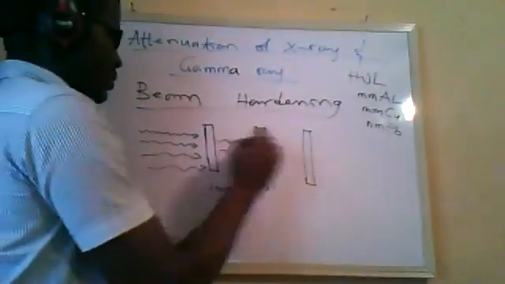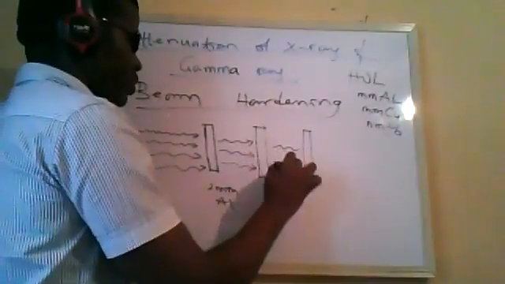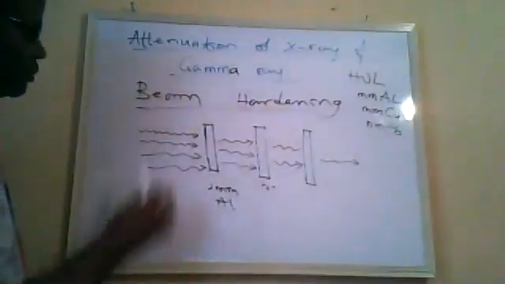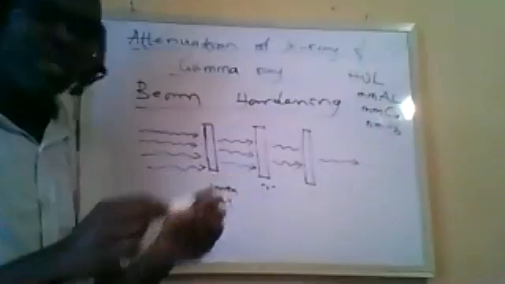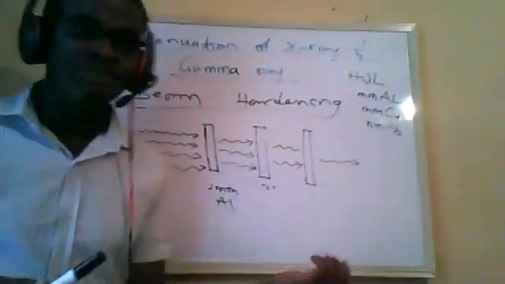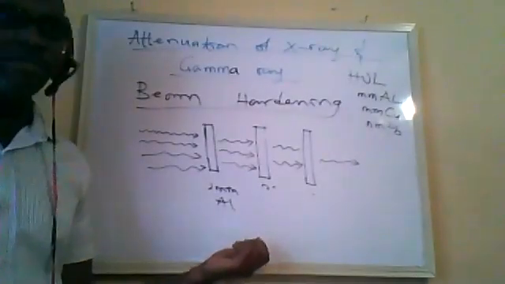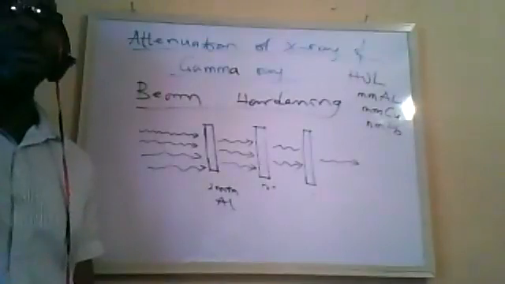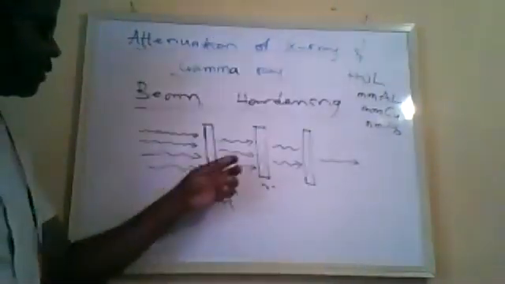Then here, let's say 3. Here you have 2. This is what happens: you have so many energies here, and they pass through. This one removes the ones with lesser energy. This is what we use in filtering in an X-ray machine; it has many components and filters them. So this can be seen as filtering.